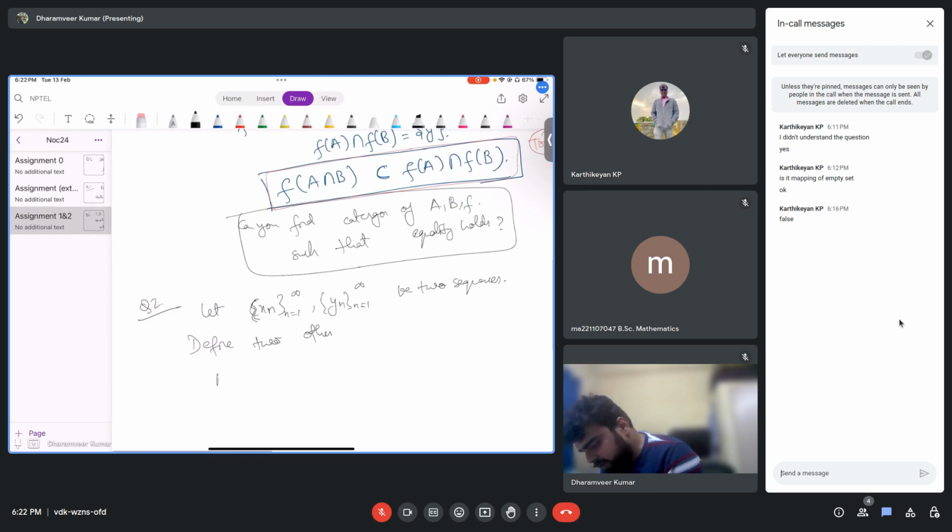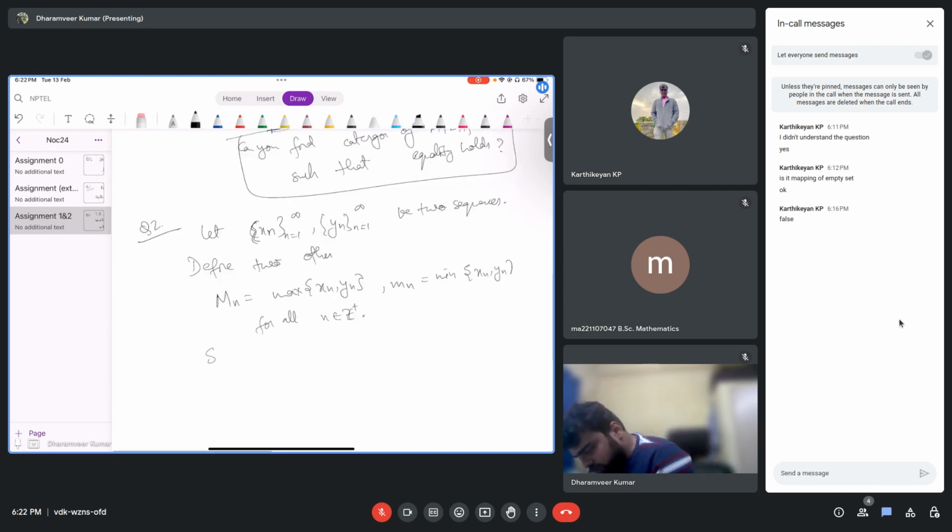Easily definable is M_n, the max of x_n and y_n, and then you define a small m_n, which is the min of x_n and y_n, for all n in Z plus.